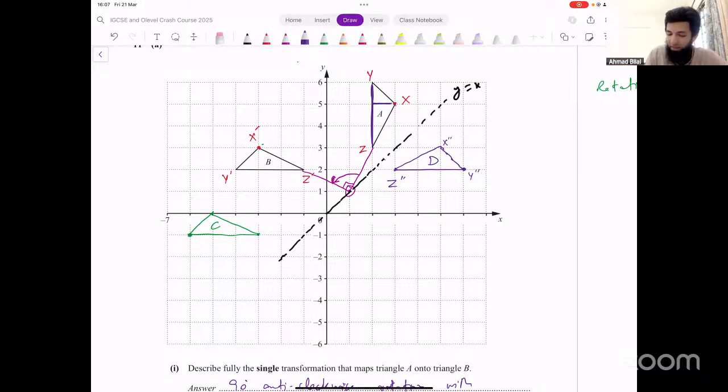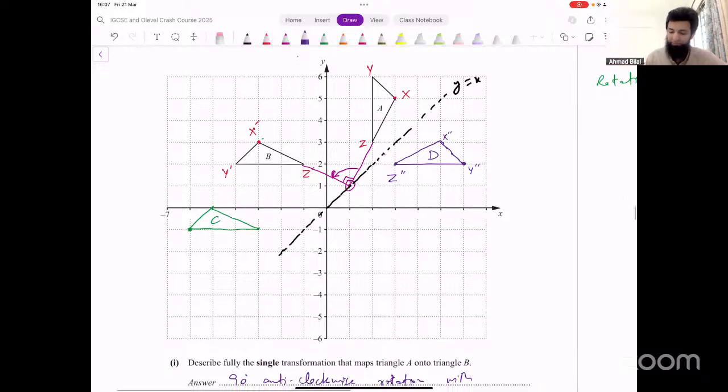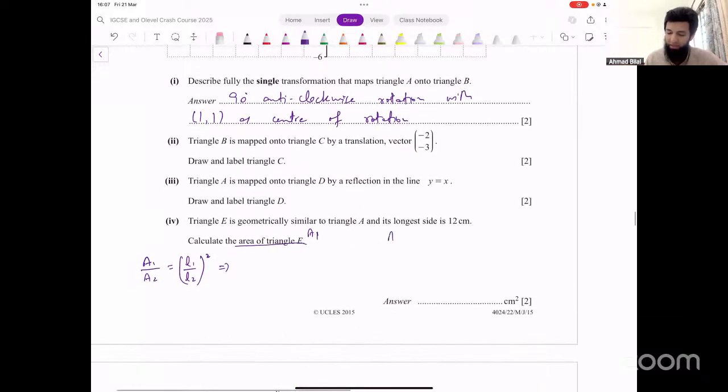This would be the height. That's 1 unit. So this is base, 3 units, and this is height, 1 unit. The area of a triangle is half into base into height. So the area of triangle A, half into base into height, gives us 3 over 2 or 1.5. That's the area of this triangle.